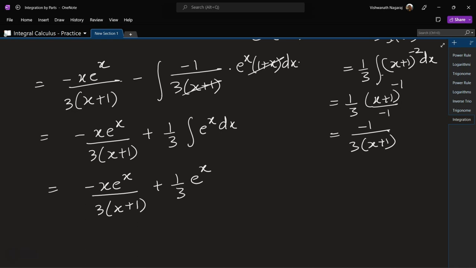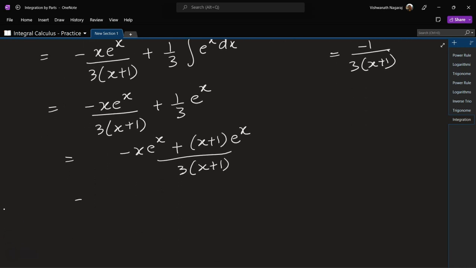So now what else can we do here? Let's combine them. What do we get? Minus x e to the power of x plus, here x plus 1 is missing. So x plus 1 times e to the power of x by 3 times x plus 1. Now simplify. What do we have?